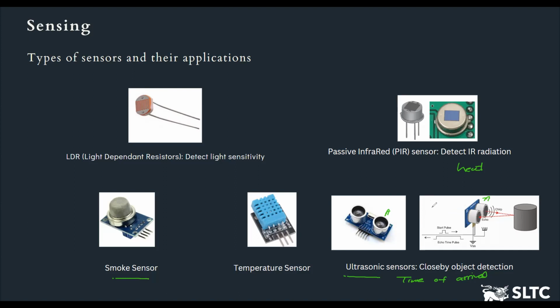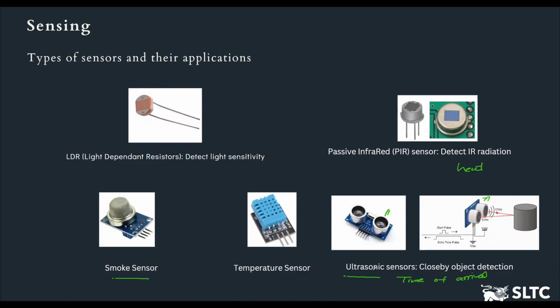So using the calculation of time of arrival, we can calculate the distance between the two objects. So the ultrasonic sensor is used for object detection. We can check whether some object is there in a certain environment using ultrasonic sensors, right?